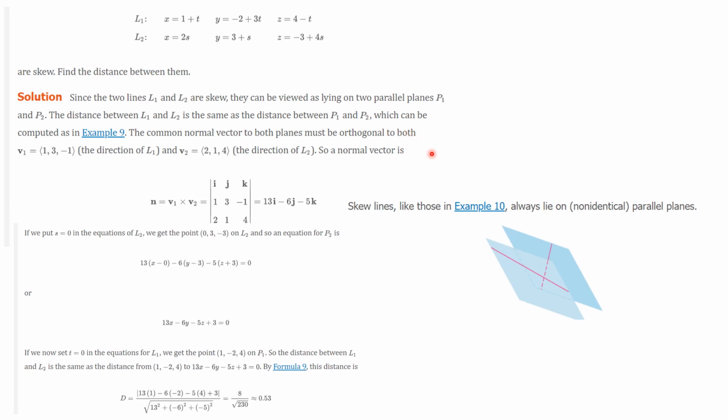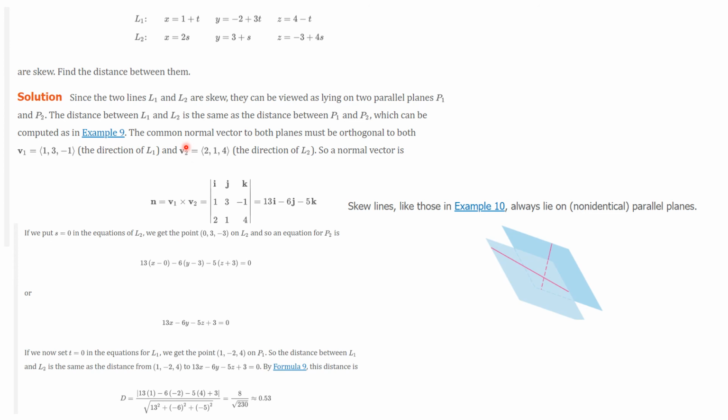So since the two lines are skew, they can be viewed as lying on two parallel planes, P1 and P2. So the distance between L1 and L2 is the same as the distance between the planes, which can be computed as in the previous example.